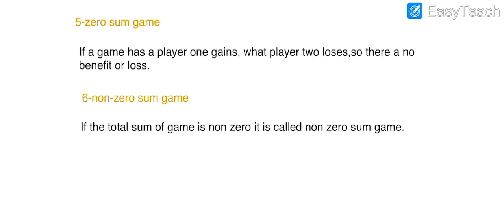Next one is zero sum game and non-zero sum game. These two terms are very important, on which we are going to do the numericals next. For example, first we discuss what is a zero sum game.